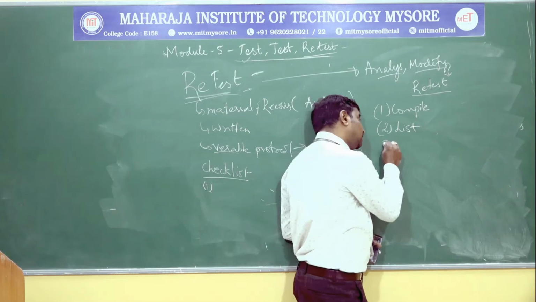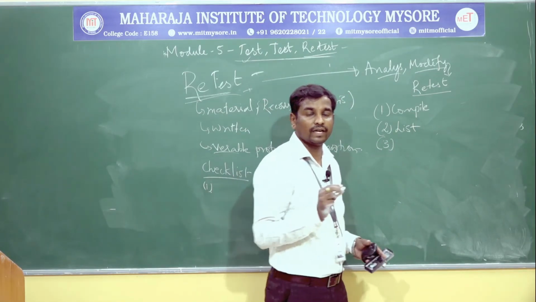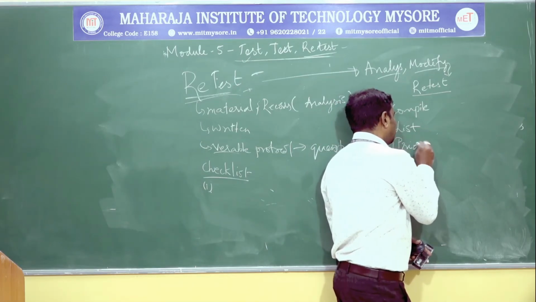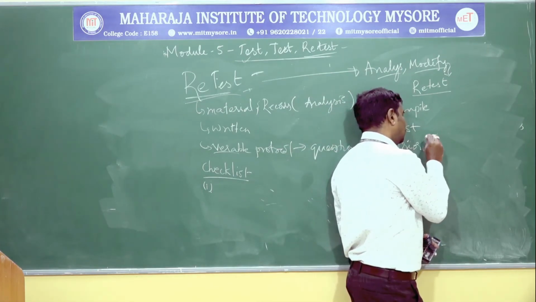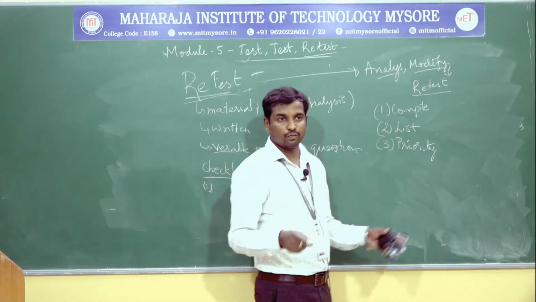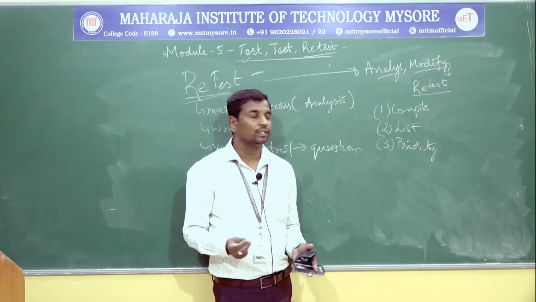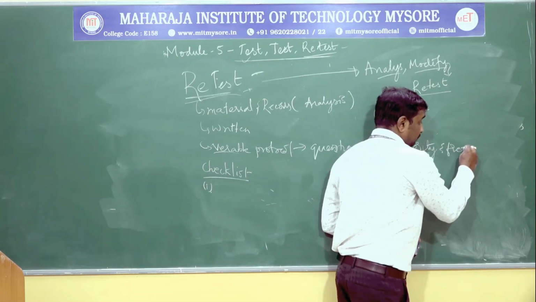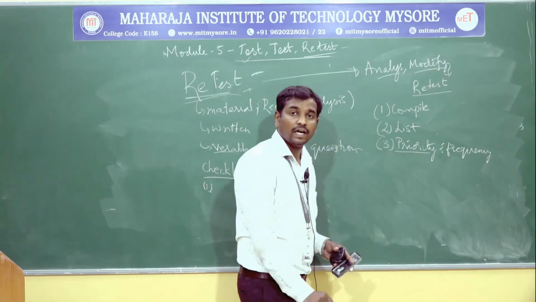In that listing of problems we need to prioritize the problems they are facing. We should not give preference to test 1 or test 2 itself, or test 2 preference will be given. It will be prioritized with respect to the frequency of occurrence.